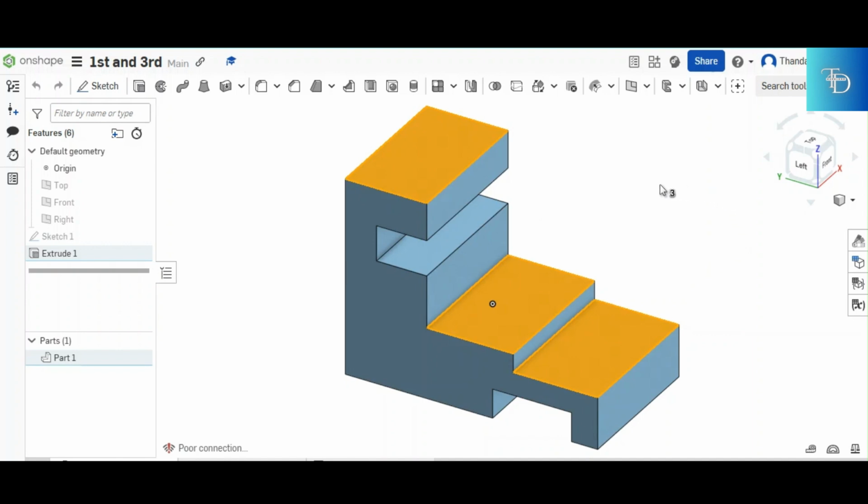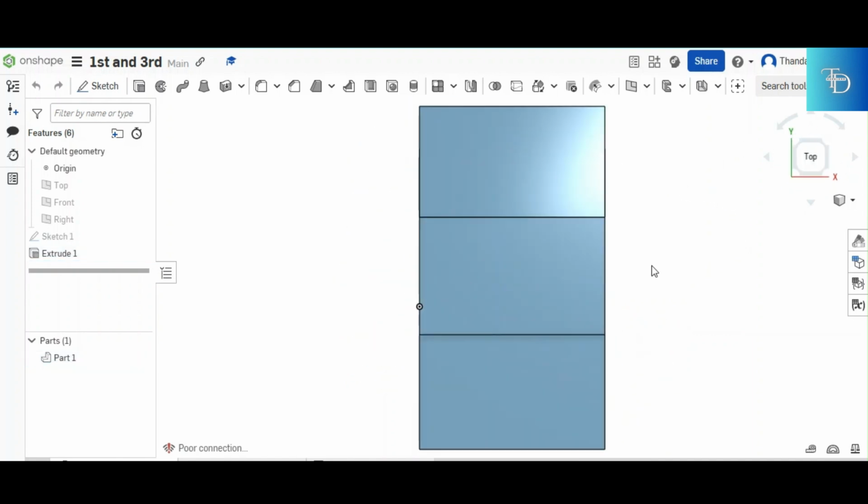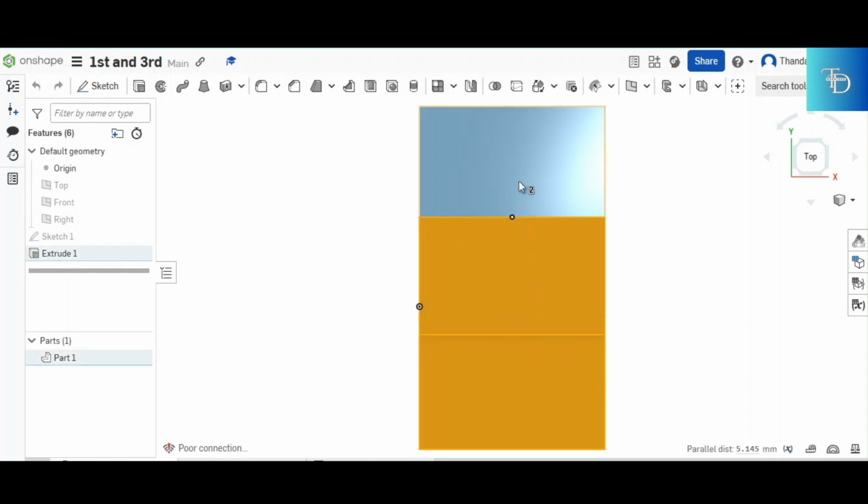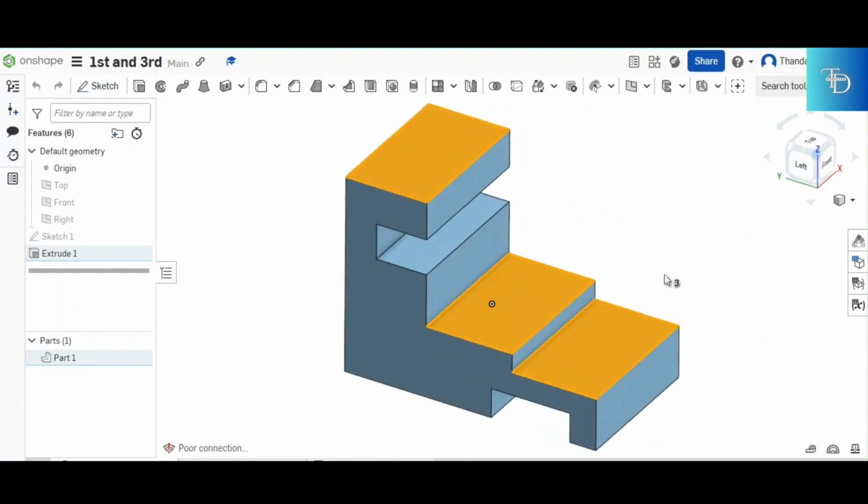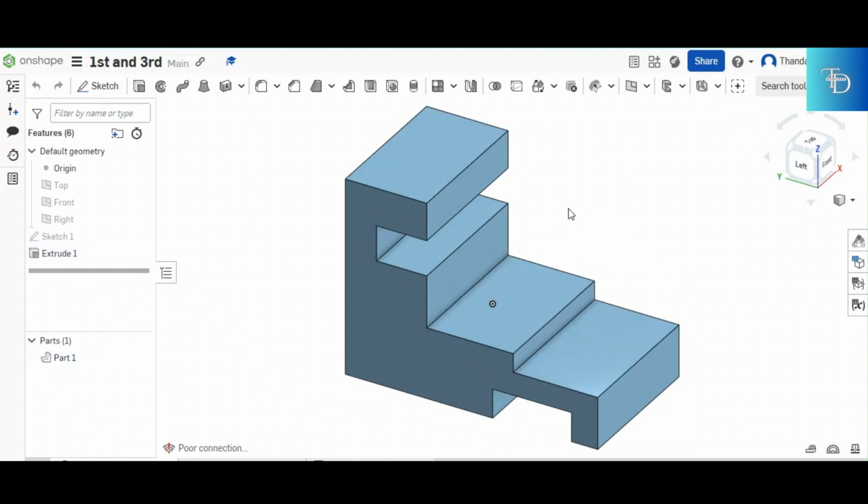So if we were to focus on our top view for this thing, this is how it's gonna look like. You're gonna see a bunch of rectangles stacking on top of each other. One, two, three. This one is the first surface, that one is the second, and this one is the third. There you go. And then you take this thing, you get the dimensions from it, you go and put it where you're supposed to place the top view.